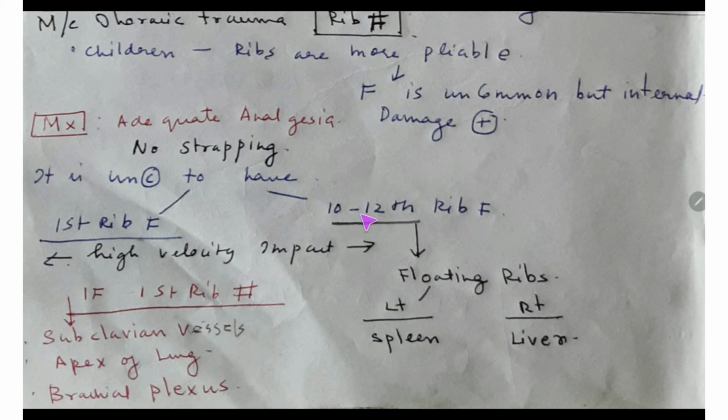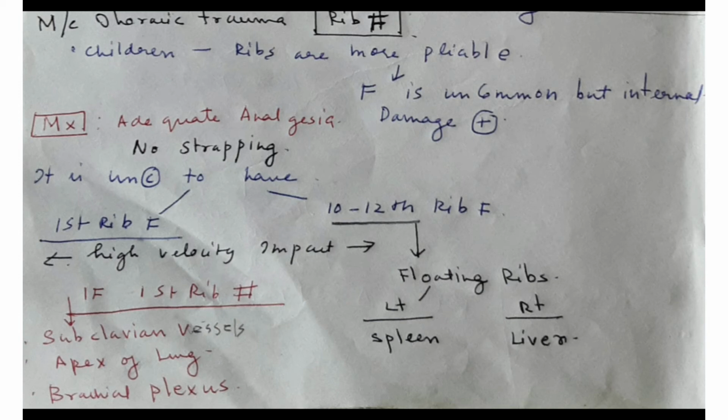As I said, it is very uncommon to have fracture of the 10th to 12th ribs, which are also called the floating ribs, as we know from anatomy. If they are damaged, on the left side there are chances of affecting the spleen, and on the right side it can affect the liver.